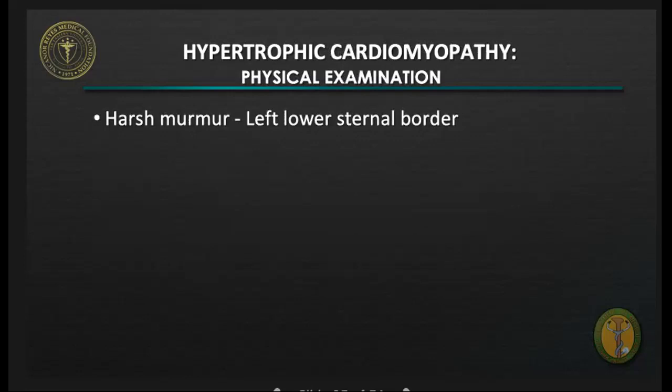The gradient and the murmur may be enhanced by maneuvers that decrease ventricular volume, such as the Valsalva maneuver or standing after squatting. It may be decreased by increasing ventricular volume or vascular resistance, such as squatting or hand grip exercises.